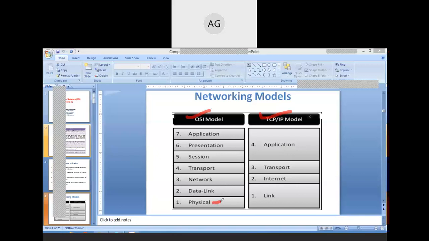The physical layer has its own feature, the data link layer has its own feature. You should remember the names of the layers. If somebody asks what the fifth layer of the OSI model is, it is the session layer. And if someone asks which is the third layer, the network layer is the third layer of the OSI model.